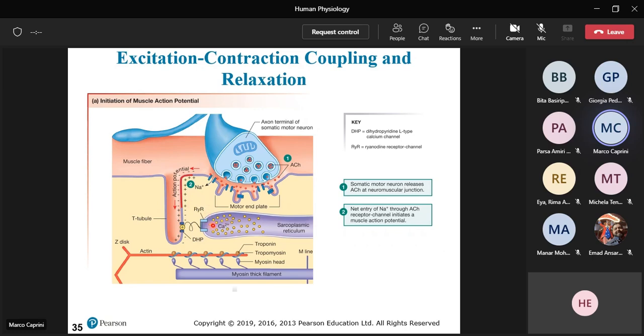Again, at a molecular level, these two proteins, the DHP and the ryanodine channels, are voltage dependent because both the L-type calcium channel dihydropyridine and the ryanodine receptors feel the action potential that is moving inside of the cell.